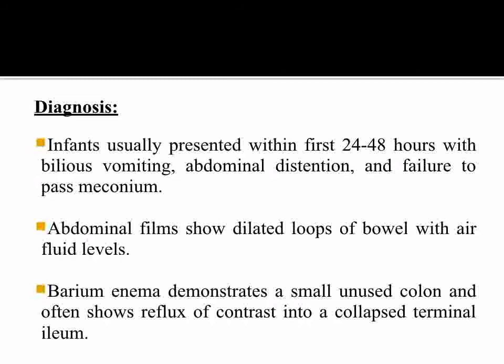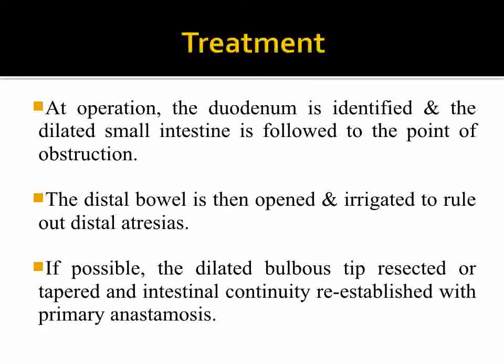The barium enema will demonstrate a small unused colon, and often the dye will reflux the contrast into a collapsed terminal ileum. The treatment of jejunal atresia is to do a laparotomy, to open the abdomen and start exploration to define the level and the cause of obstruction.